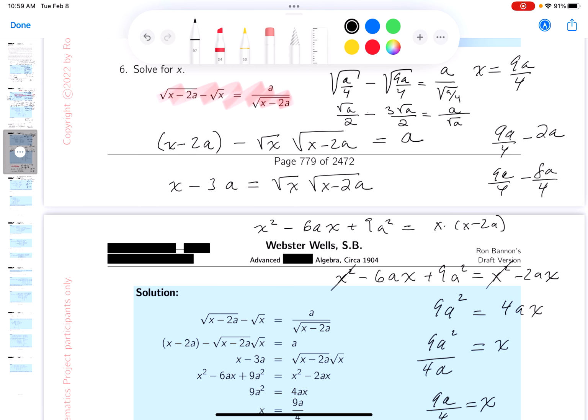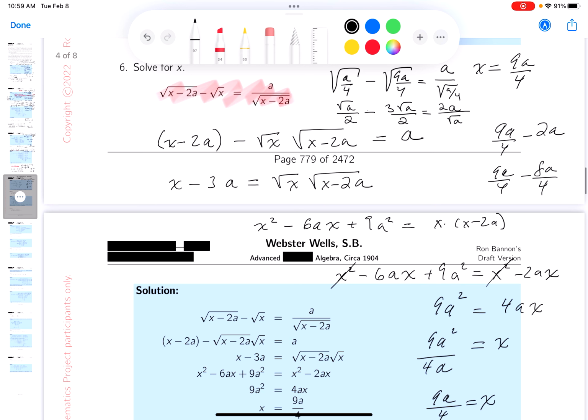A over root a. And then that's over 2, so it's divided by 2, so I'm going to multiply the top by 2 instead. All right? So I'm going to do some arithmetic over here. And what do you get? Well, the left side would be minus 2 root a over 2. And the right side, if I simplify that, would be simply 2 root a.